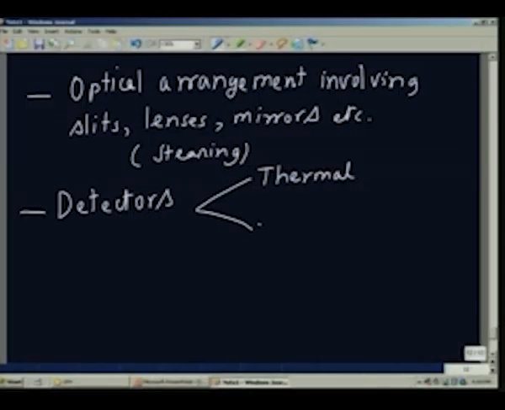And the second type is called quantum detectors, which rely on either photovoltaic, photoconducting, or photomultiplier effects. These are all quantum detectors, which actually detect the photons through any of these three.